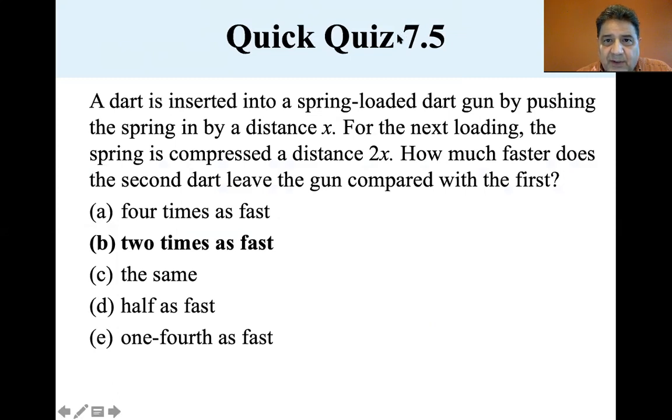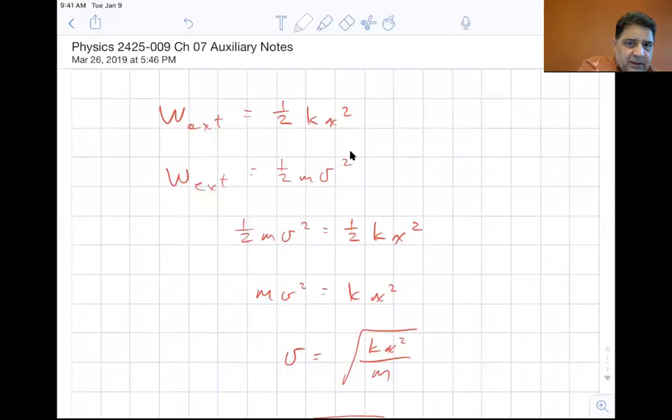Let's share the iPad, and I'll try to remember to post these. Okay, so we see that the work is equal to 1/2 kx squared. That's the work to compress the spring.